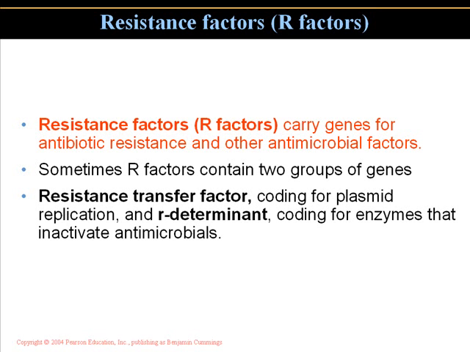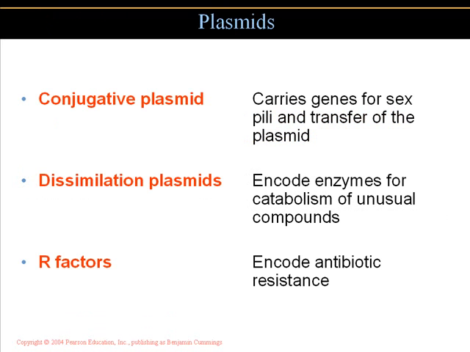So you should be familiar with the term R factor. It's just a simple definition to be able to recognize the genes that are responsible for developing antibiotic resistance. And in a clinical setting, again, this is important. You'll see many microorganisms that will develop these resistance factors.